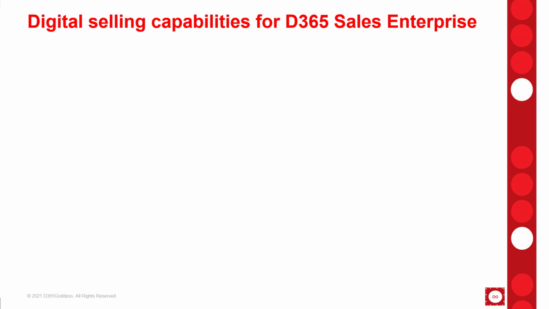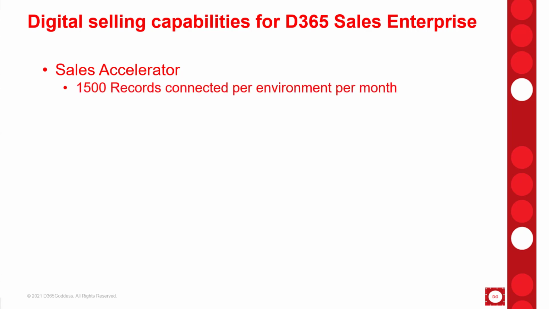So the first one that I want to talk about is the Sales Accelerator. So now users are going to have access to the Sales Accelerator workspace. But again, like I said earlier, this is going to be with a limited capacity, right? So a total of 1,500 records can be connected to any sequence, but this is going to be a limitation per environment per month.